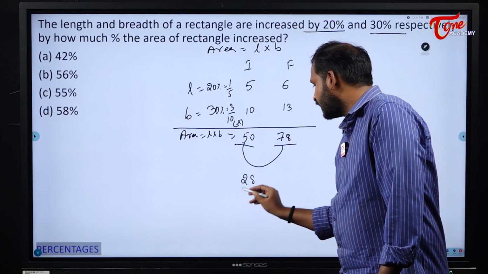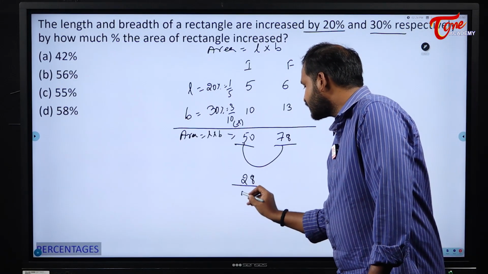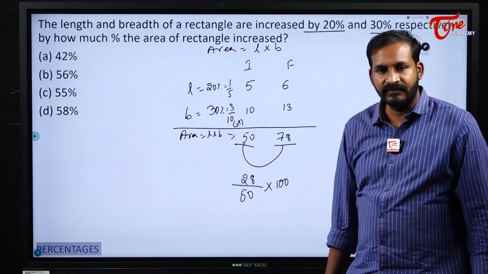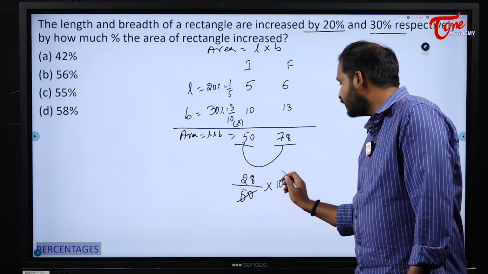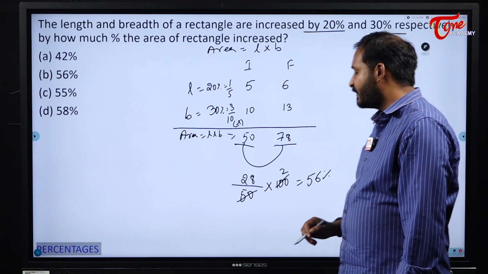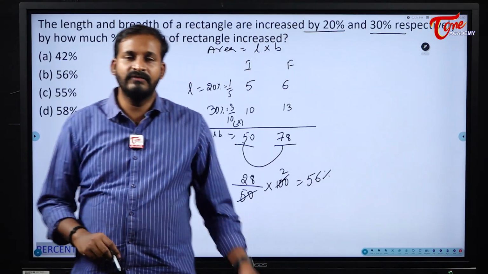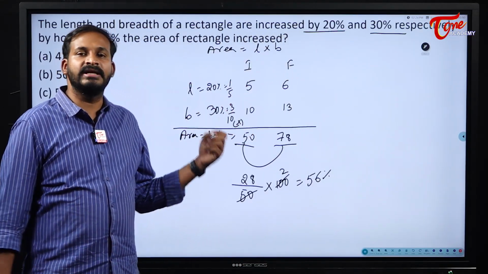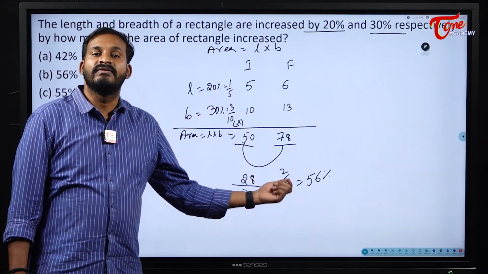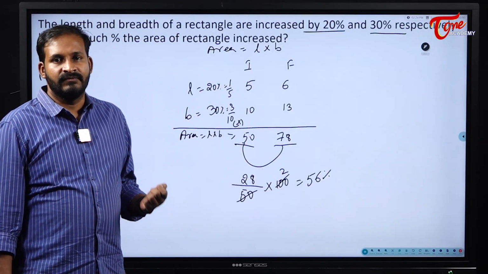So 28 by the initial value 50, into 100. 28 by 50 into 100, twice, this value becomes 56% increase. So if the length is increased by 20% and breadth is increased by 30%, my overall area will be increased by 56%.